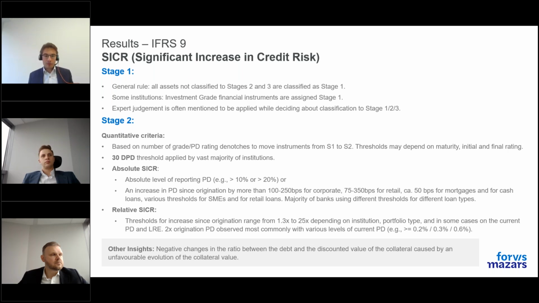We saw everything from 1.3 to 25 times increase, depending on institution, on portfolio type, and in some cases on current PD or on definition of low risk exemption. However, the most commonly used level of threshold would be doubling in PD since origination.